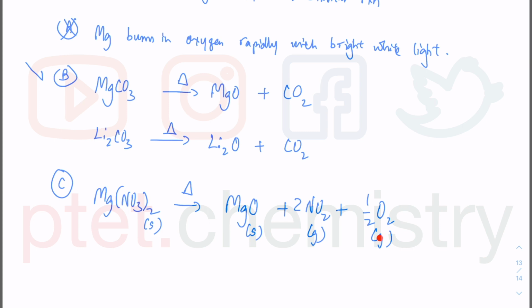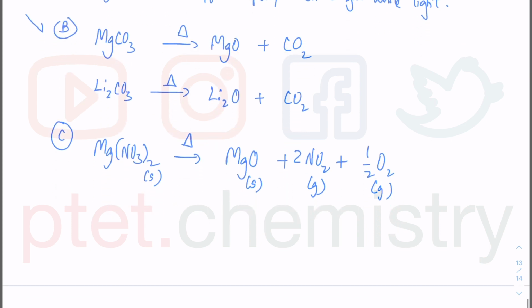Of course, you don't see colorless gas, but when you get this brown gas, usually you would test for this oxygen because you know it goes together with the decomposition of group 2 nitrate. They say lithium nitrite, LiNO2. So you get an oxide, you don't get a nitrite, which means option C is actually wrong if you want to say it follows the chemistry of group 2.